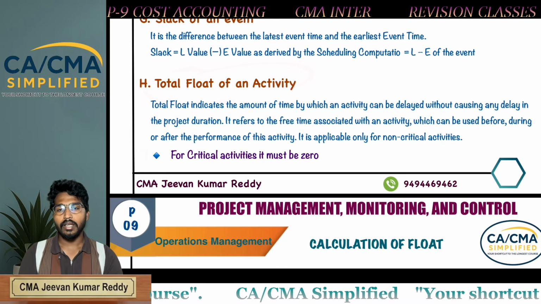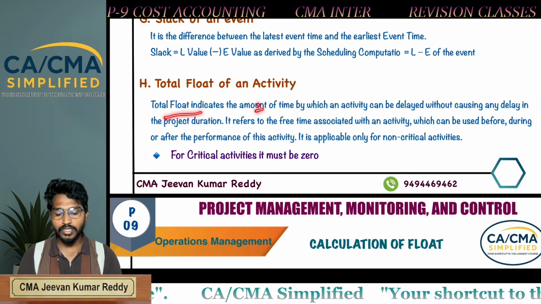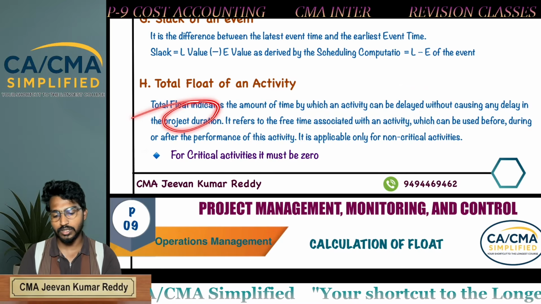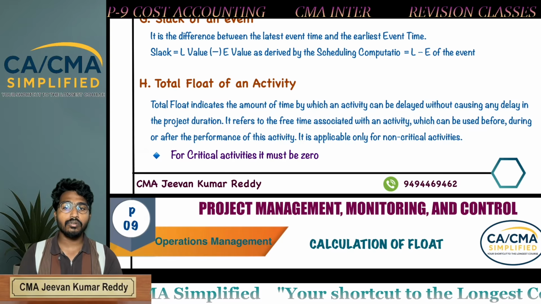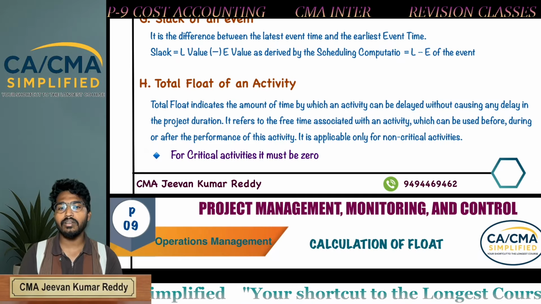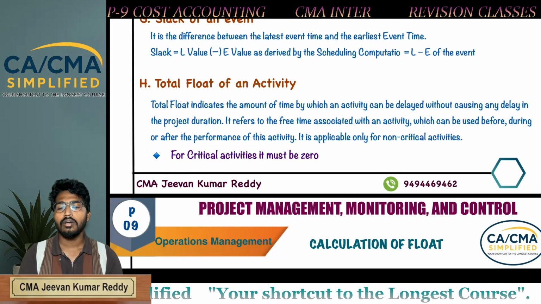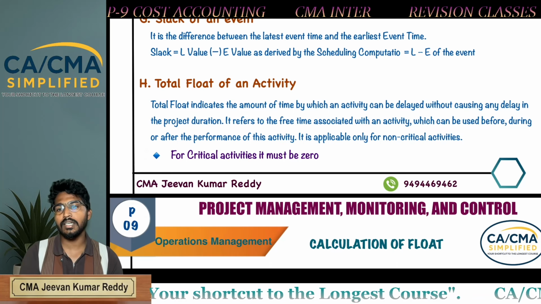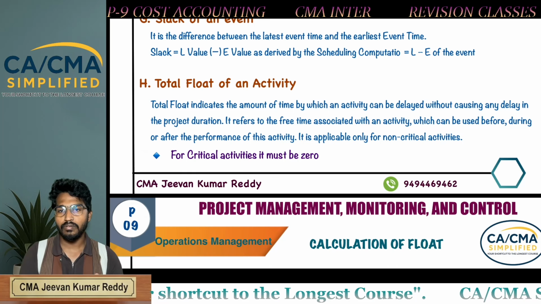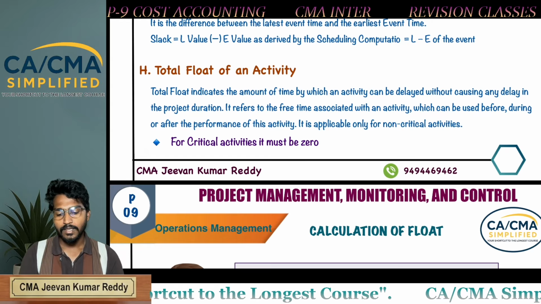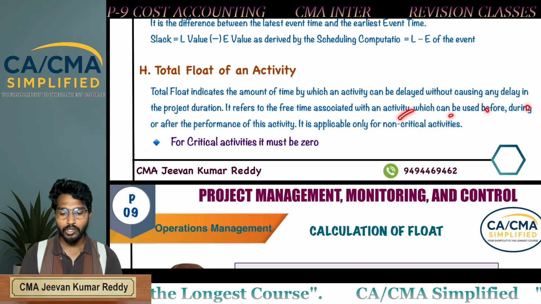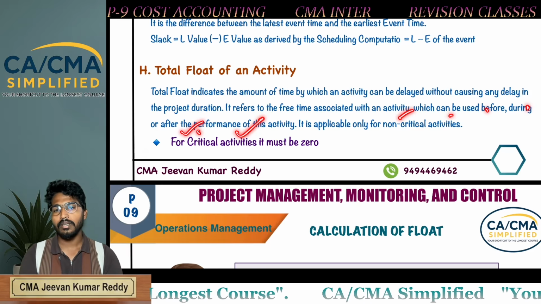Next, total float of an activity. Total float indicates the amount of time by which an activity can be delayed without causing any delay in the project duration. So total float of an activity is the amount of delay without causing delay in the project duration. It refers to the free time associated with the activity which can be used before, during or after the performance of the activity.